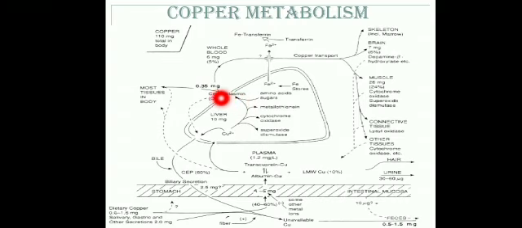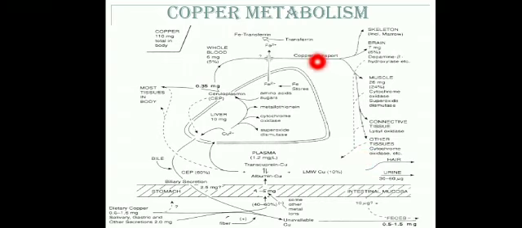Now this copper-bound ceruloplasmin is transported by the blood into various parts of our body like the skeleton, bones, including the bone marrow, brain, muscle, and connective tissue as well as other tissues. It is also present in hair, which helps the melanocytes in melanin secretion.